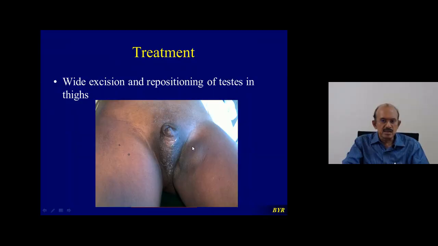This is the testis. Of course, you can ask me, if you keep it in the thighs, what about spermatogenesis? Usually this occurs in past middle age or old age people. By that time they should have completed their family, so there is no need for any spermatogenesis.